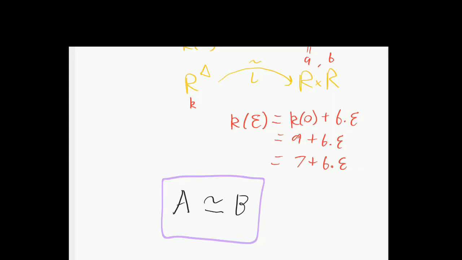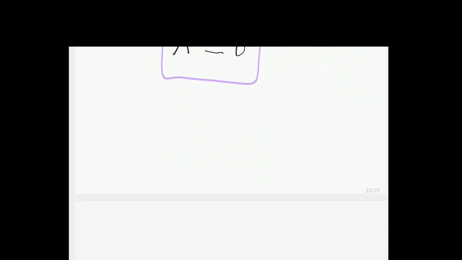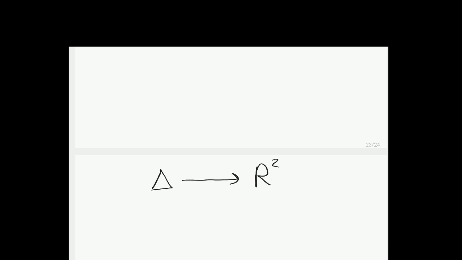So now, the way that we can think about an infinitesimal path on the plane is as follows. We can say the infinitesimal path can be thought of as a function from delta to R squared, or we can think of it as a point in this space R squared to the power of delta, the tangent bundle of the plane, if you like.